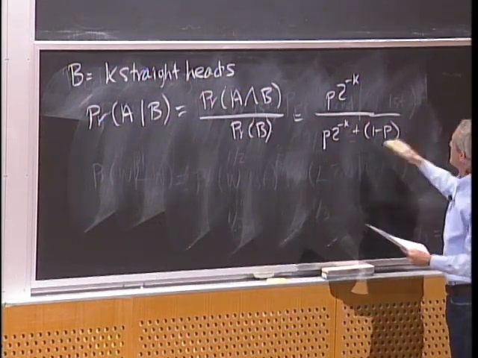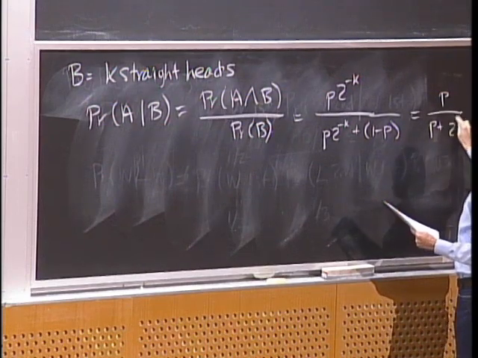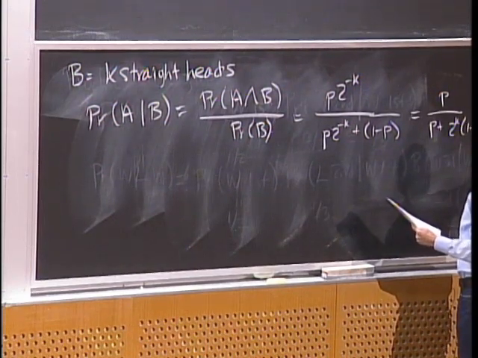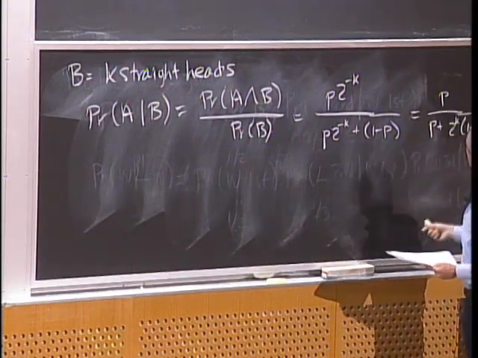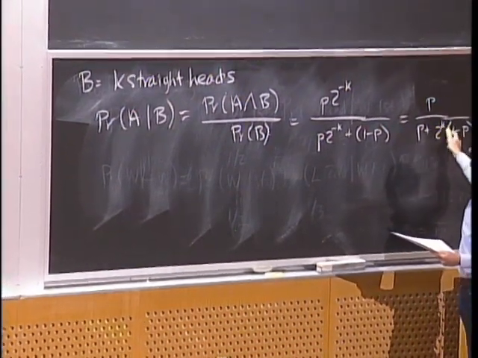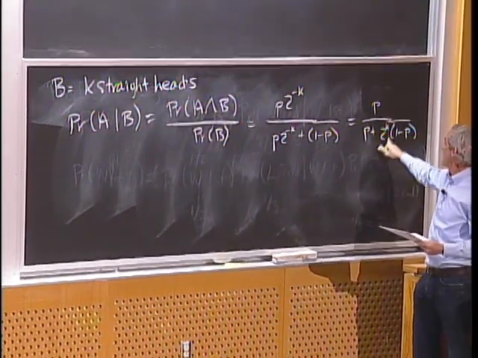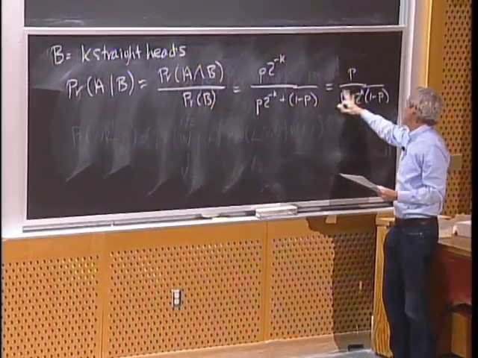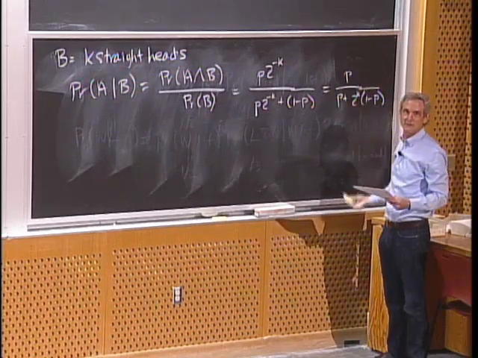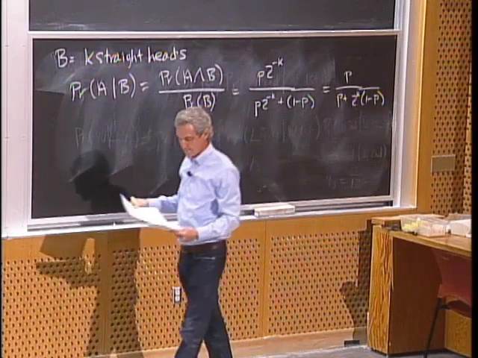And if I multiply top and bottom by 2 to the k, I get p over p plus 2 to the k times 1 minus p. So it gets very unlikely that I've got the fair coin here as k gets big. Like if k is 100, I get a big number down here, and basically it's close to 0 chance of the fair coin.